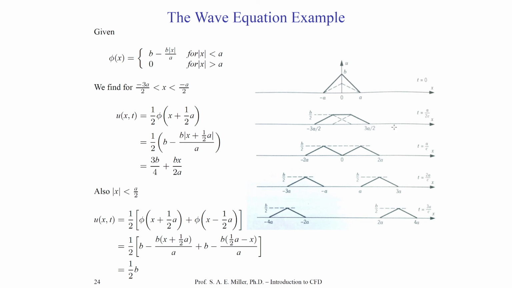So at times a over 2c, a over c, 2a over c, and 3a over c, we see that this initial disturbance on our medium spreads out and propagates in both directions. This is just like me or yourself speaking in a room, and the sound waves are spreading out in all directions at equal speeds. Study this solution graphically and see how it corresponds to the initial conditions of the wave equation.